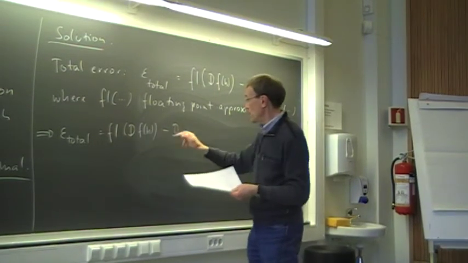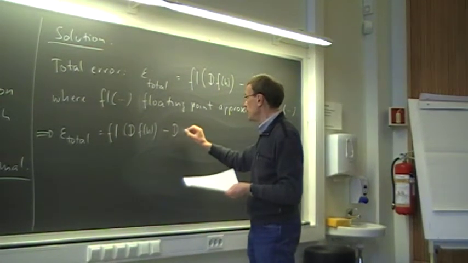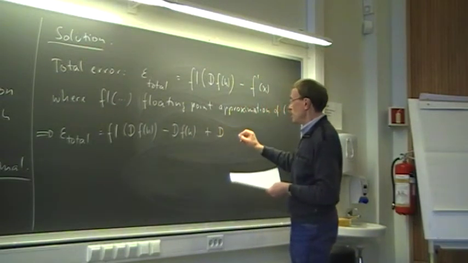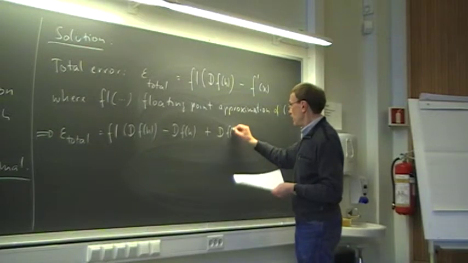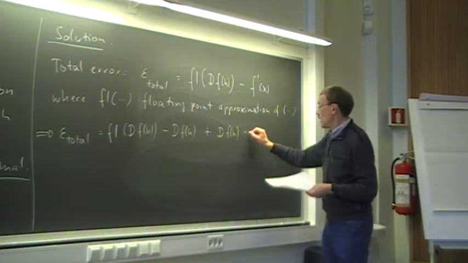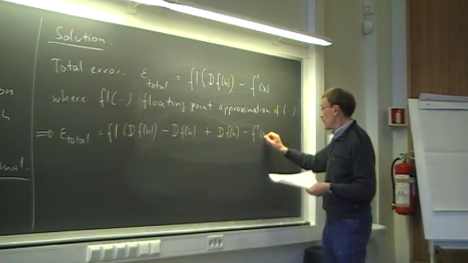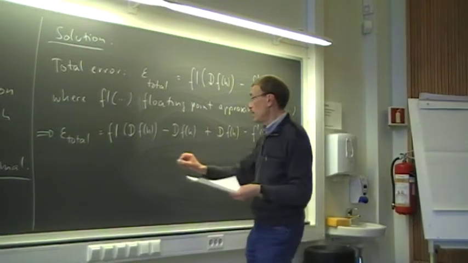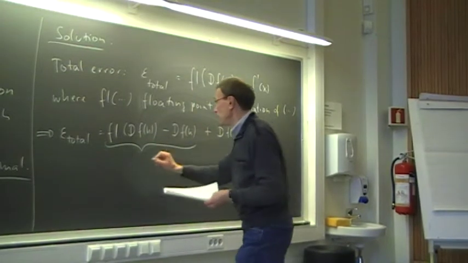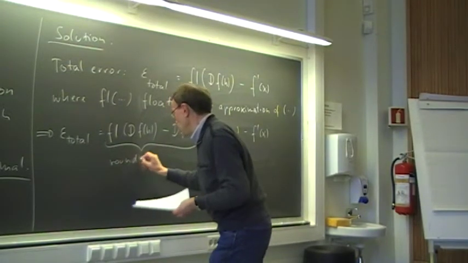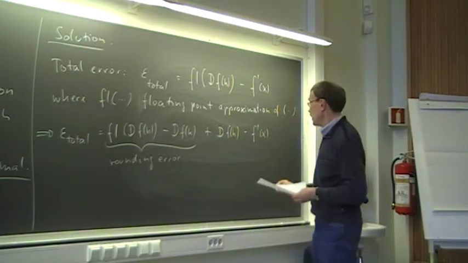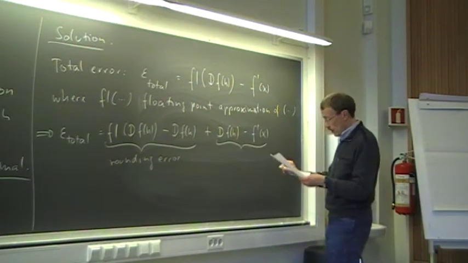So then we can focus here on the floating point, on the rounding error. And then we have also the difference here between the finite difference approximation and the exact first derivative. So that means we then have here the rounding error due to the fact that we are using a floating point system, and here we have the truncation error.